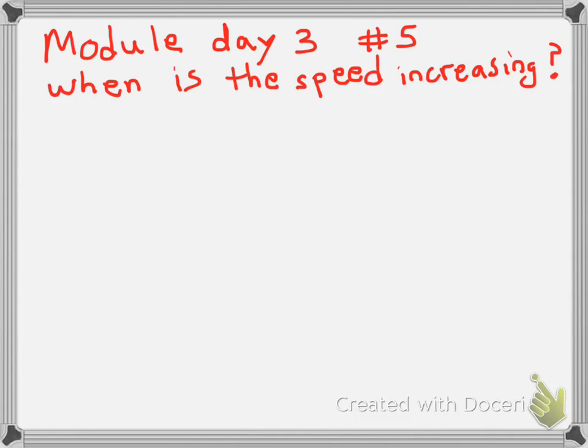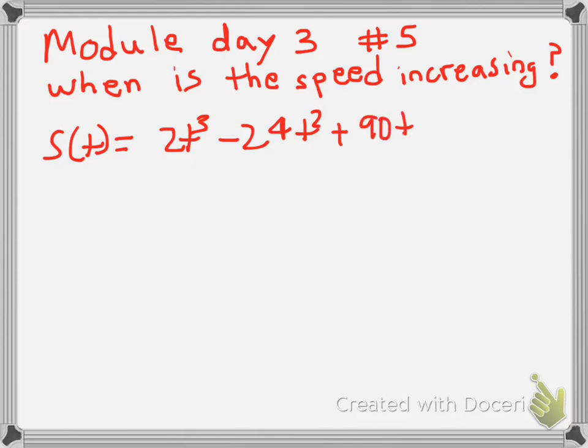So we have s of t, position, is equal to 2t to the third minus 24t squared plus 90t plus 7. And we are given that t is greater than or equal to 0.